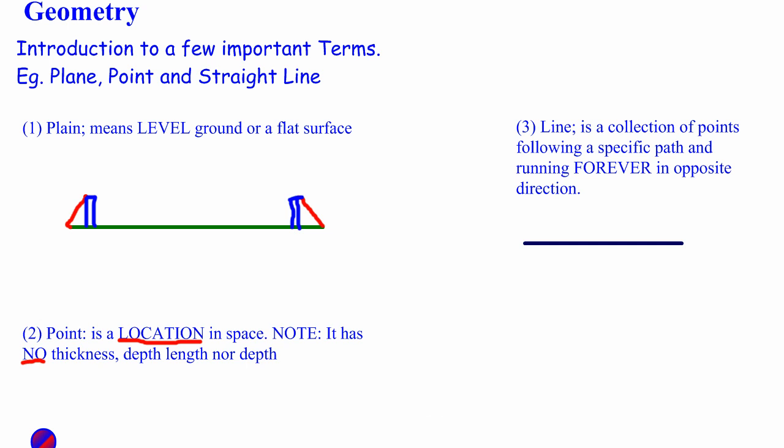Now, this is pretty cool. When you draw a line, arrowheads must be on the tips of the line. What the arrowheads indicate is that this line doesn't stop here. It runs forever to my left, and it runs forever in this direction to my right.